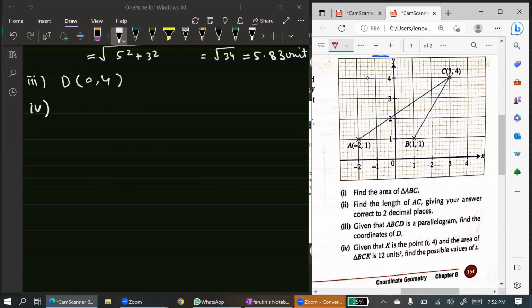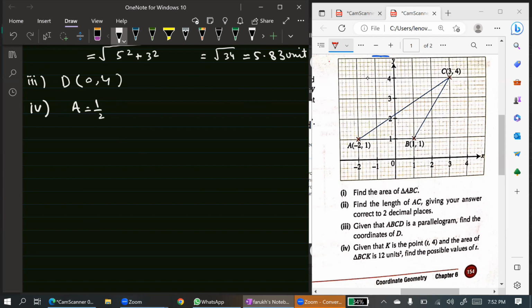Now, coordinates of B, C, and K are given, and the area is also given. We will use the shoelace formula to find out the value of t. Now we will put all the values in the shoelace formula.